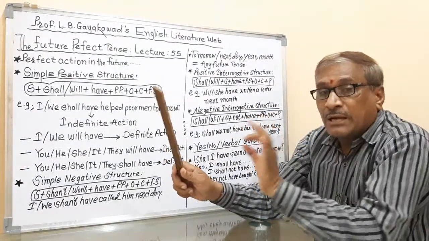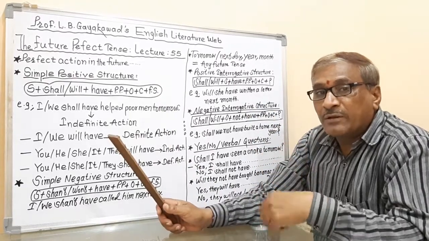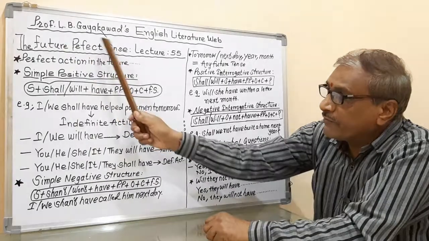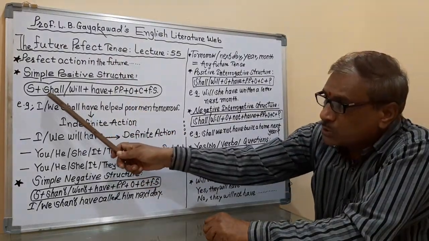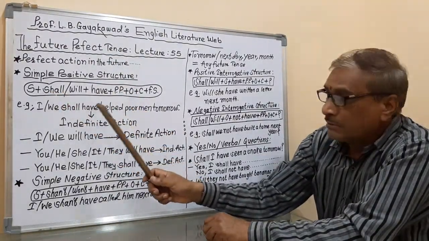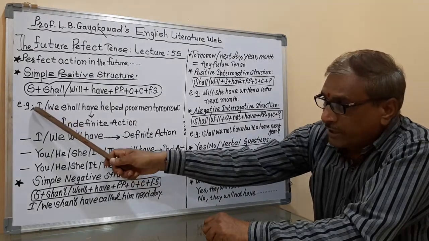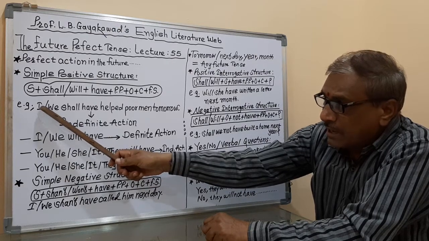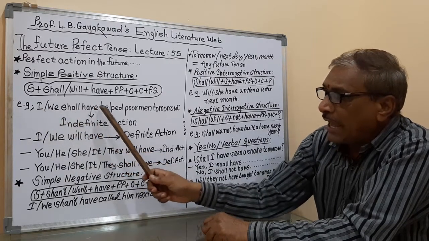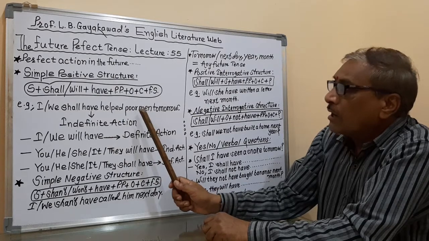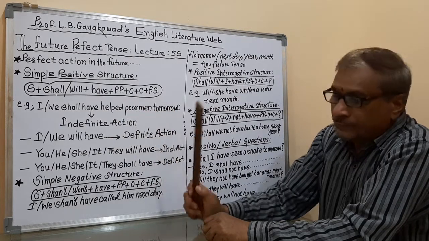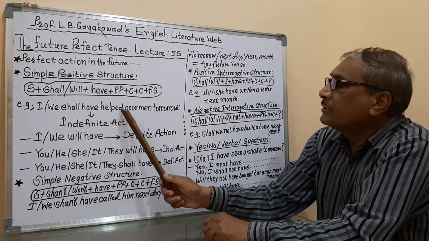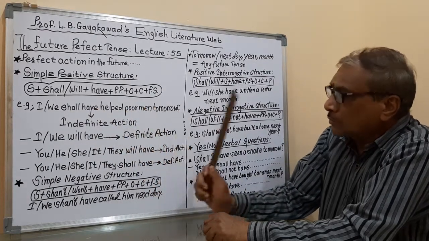It means that when we want to make a simple sentence in the future perfect tense, then we should use this structure. So here we have made one example: I shall have helped a poor man tomorrow.